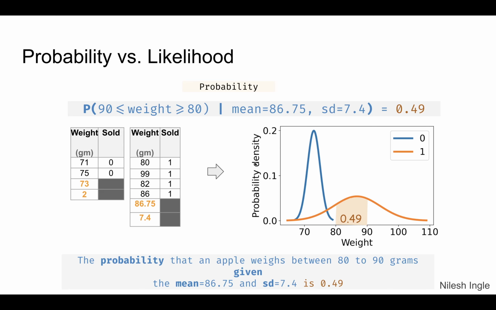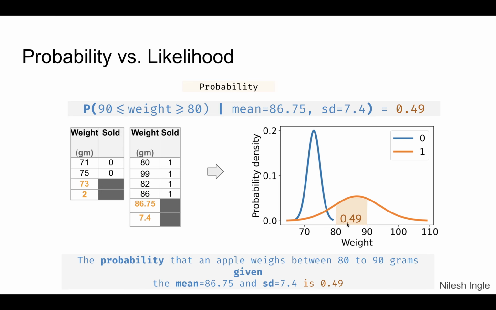Now, when we talk about probability, the way we would phrase the question would be, let's say, what is the probability that the weight of the apple lies between 80 to 90 grams, within this particular shaded range.